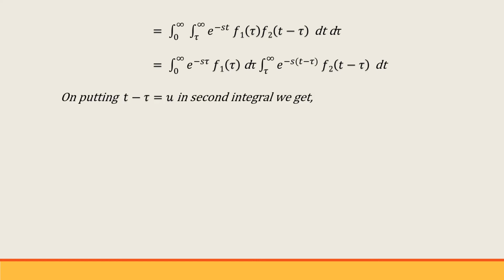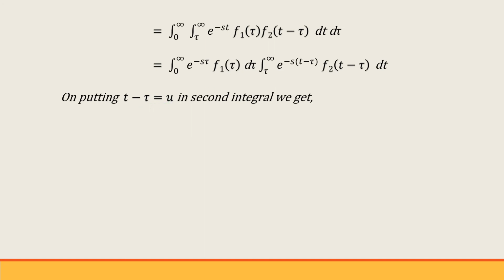Now, let us consider t minus tau equal to u in the second integral. So, dt equal to du. And the new limits for u will be: when we put t equal to tau, u equal to 0, and for t equal to infinity, u equal to infinity.